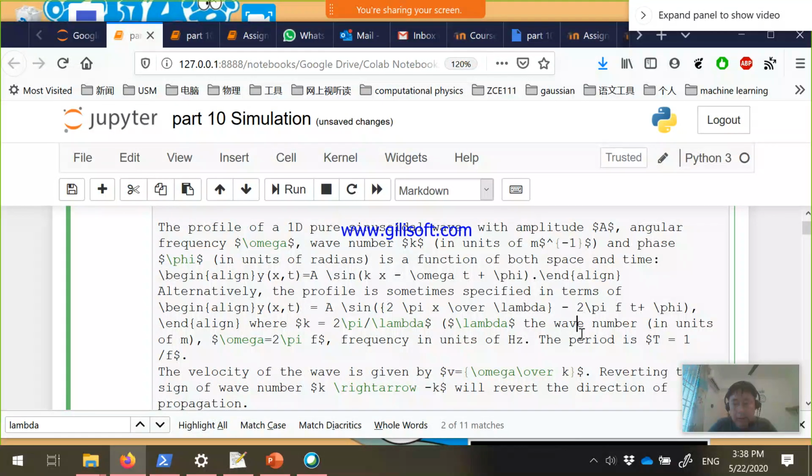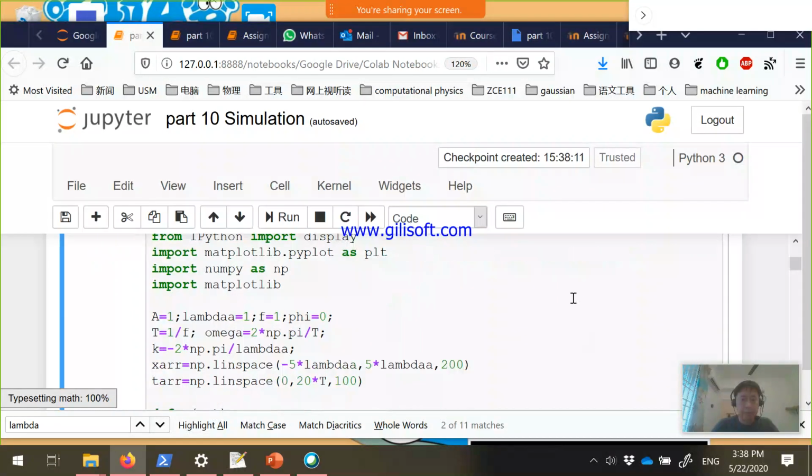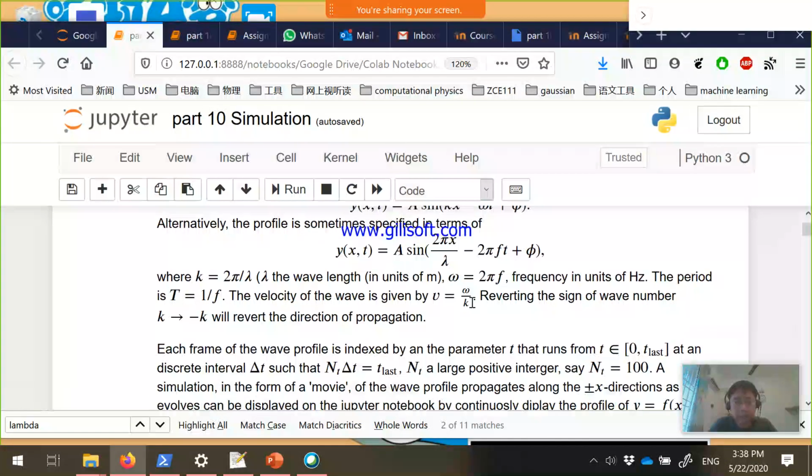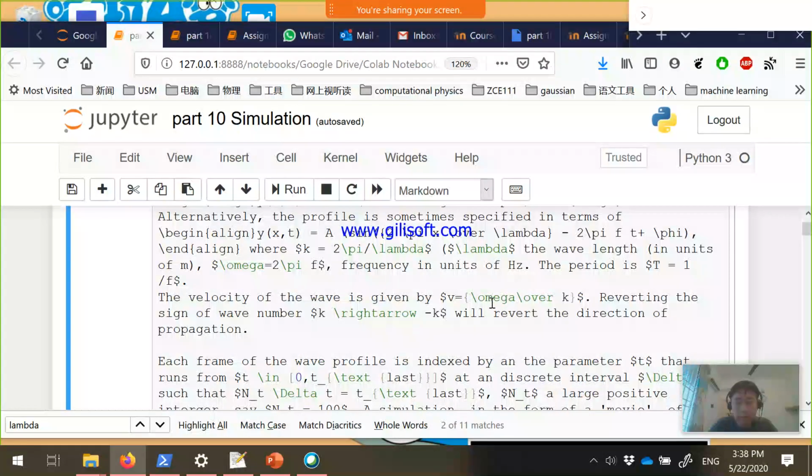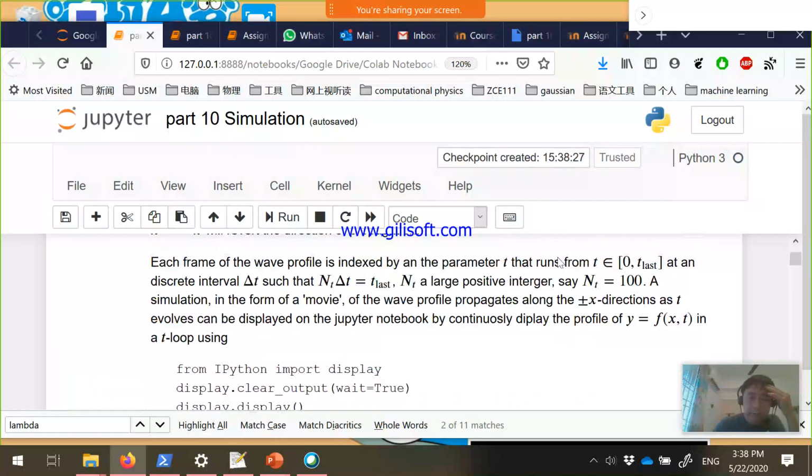Okay, lambda, the wavelength. Let's save it. So lambda is the wavelength in units of meter. Yeah, I think that is more correct.